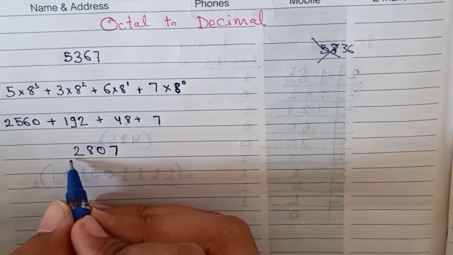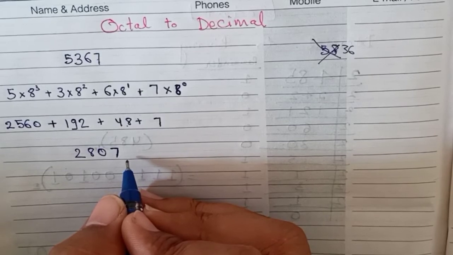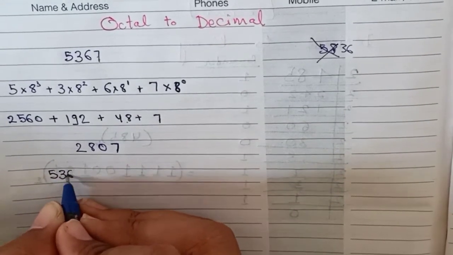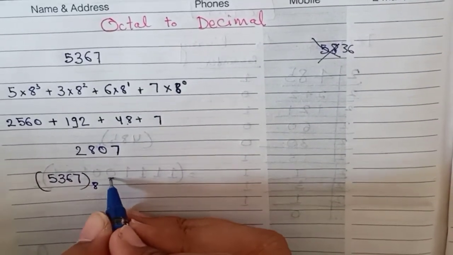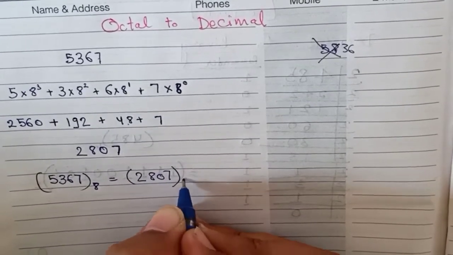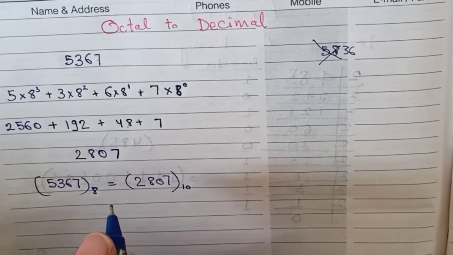So we are getting 2807, which is the decimal value. So we can write 5367 octal is equal to 2807 decimal. I hope this conversion is very clear to you.